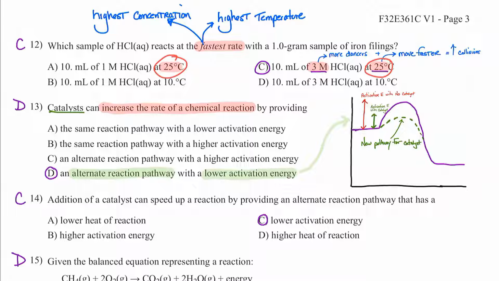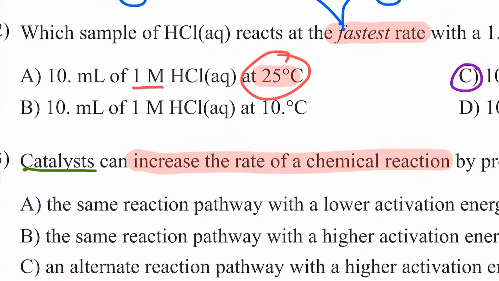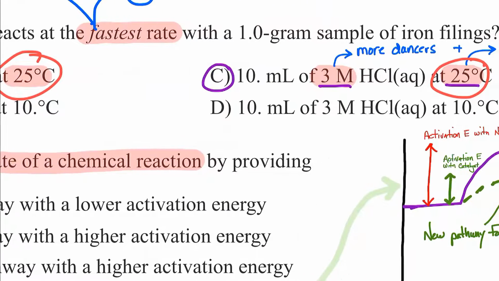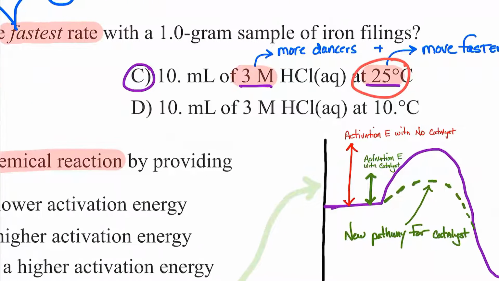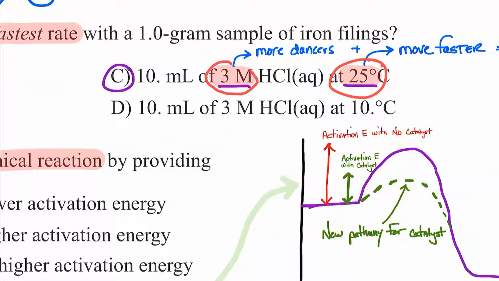But there's another factor here, and people forget this. Molarity is a measure of concentration. How much is dissolved? It's moles of dissolved solute over liter of solution. Well, who has the greatest amount of hydrochloric acid? If I look at the two choices that are at 25, the other two choices are at a lower temperature. So A and C both have 25, but C has a greater concentration of hydrochloric acid, which means there's more of them.